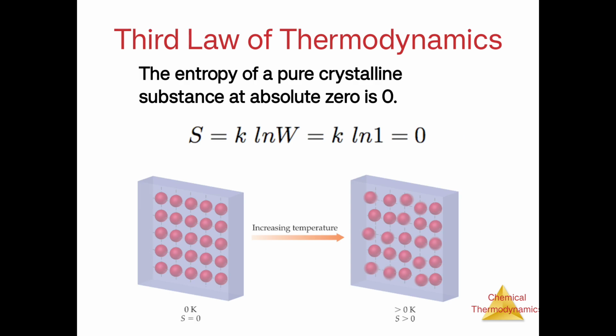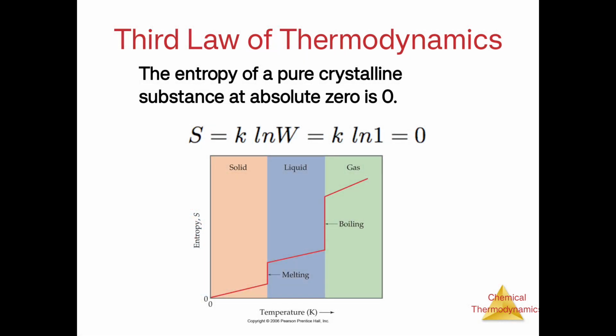When you increase the temperature of such a crystalline substance, which means when the temperature is greater than 0 Kelvin, definitely the entropy will be greater than 0. In other words, the relationship between entropy and temperature on the three phases of a matter is shown here. Melting and boiling will have the effect of increasing the temperature.